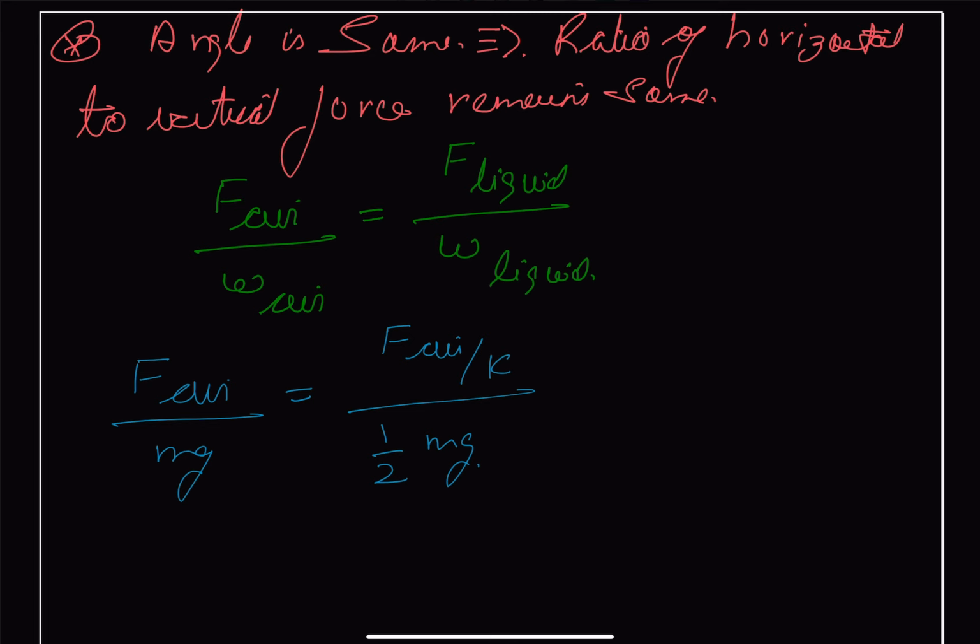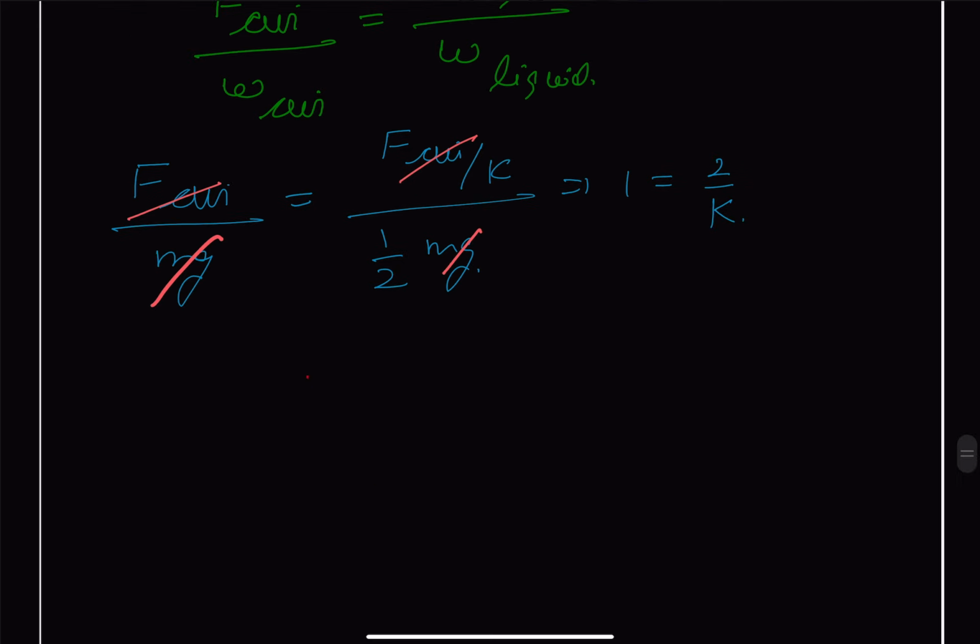So from here mg and force in air go away. So this gives us that 1 is equal to 2 upon k. Therefore we get that the value of k is equal to 2.